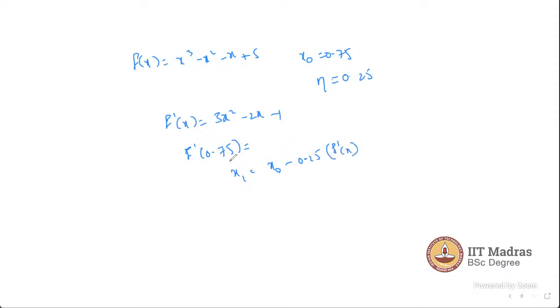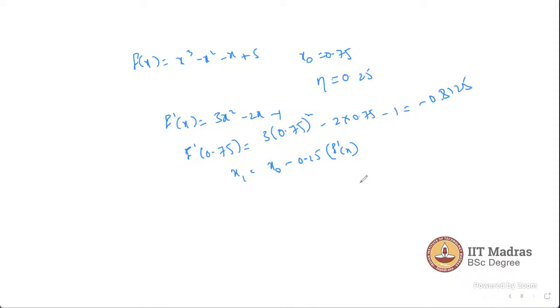What is the value of f dash of 0.75? 3 into 0.75 square minus 2 into 0.75 minus 1. That is equal to minus 0.8125, right?